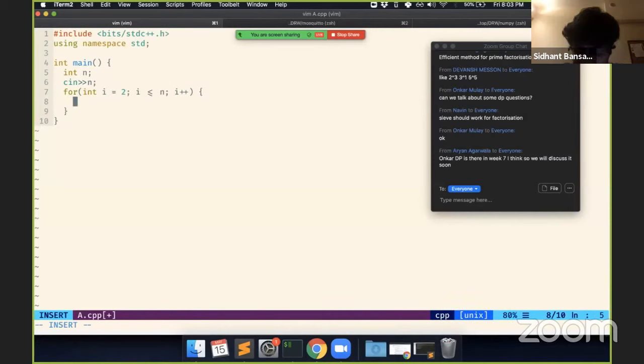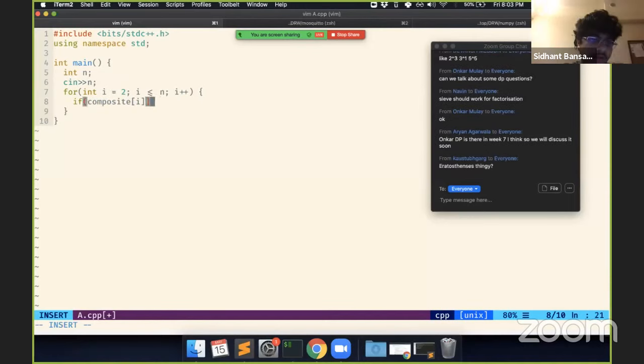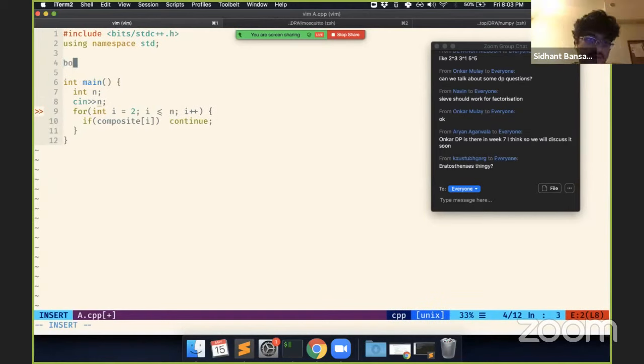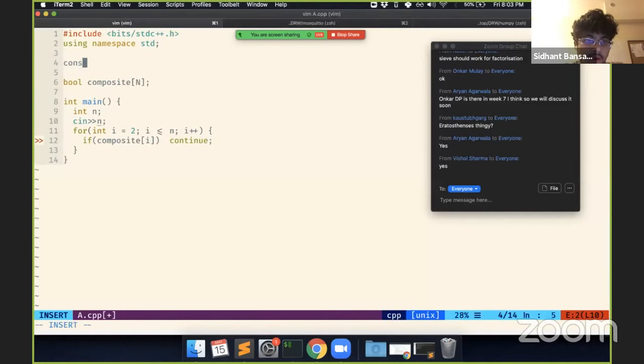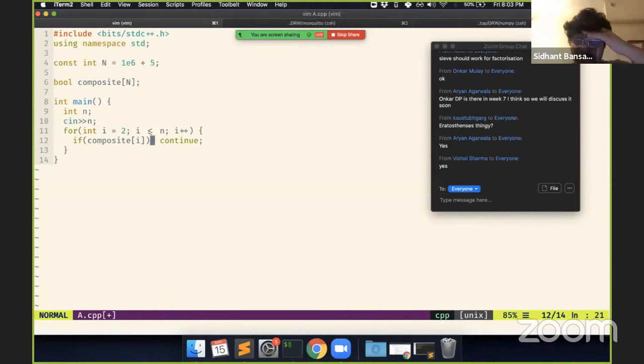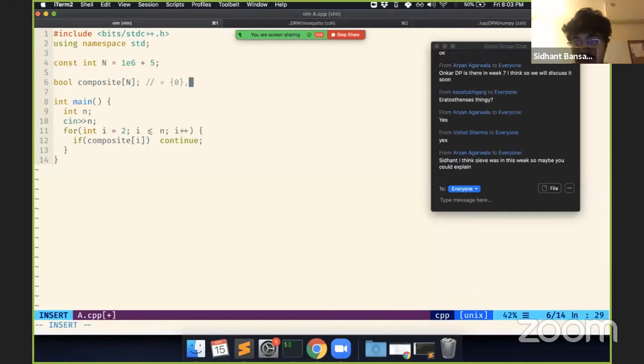So we'll be creating a sieve. I hope everyone is broadly familiar with the sieve of Eratosthenes. Let's just pick a constraint like 2^6ish. Because I declared the composite array globally, it starts with zeros, that is, falses.